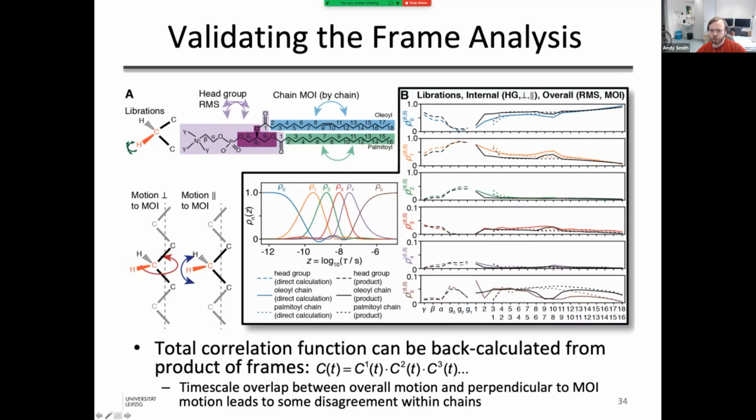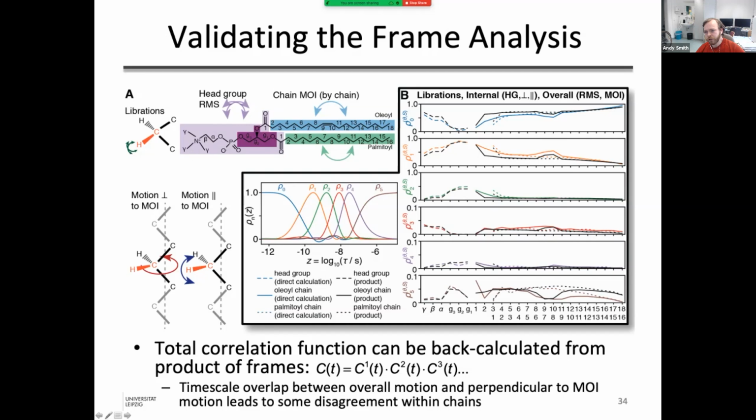So what we do here is we calculate the product of our correlation functions and perform a detector analysis. That's the black lines, and then we do a direct calculation, which is the colored lines. And the form is retained, but we do get a little bit of disagreement. And there's two explanations for that. One is that it actually all has to do with the overall motion.